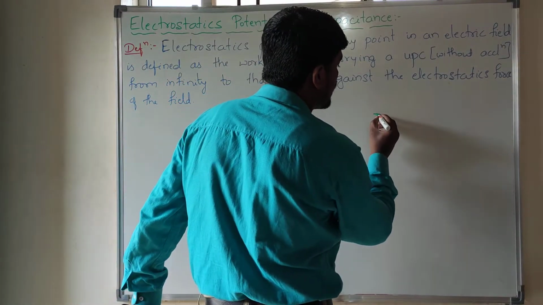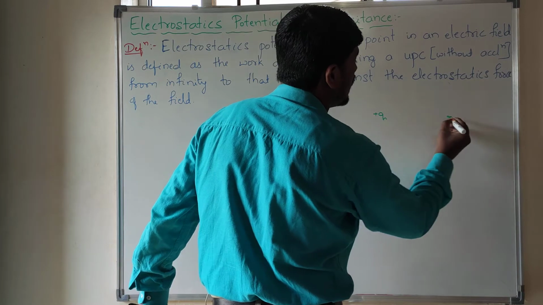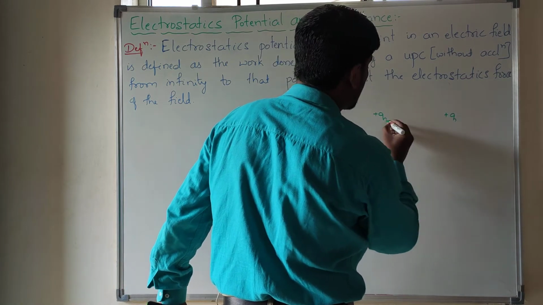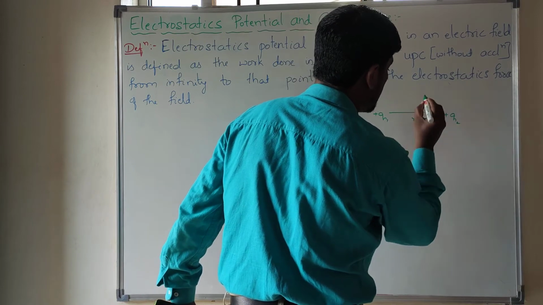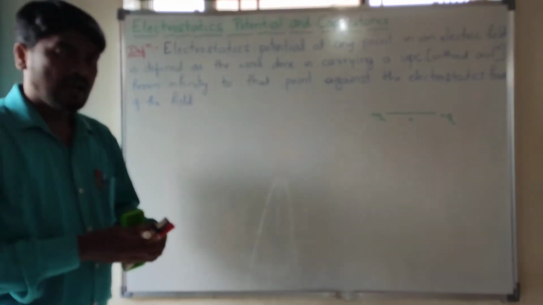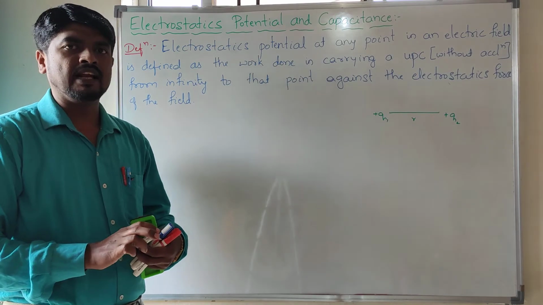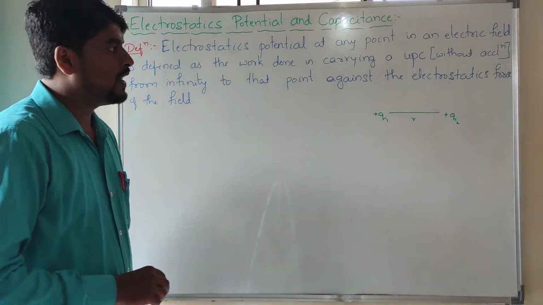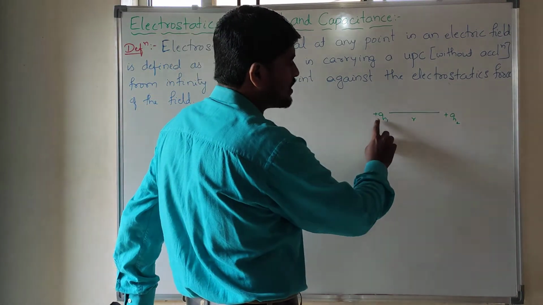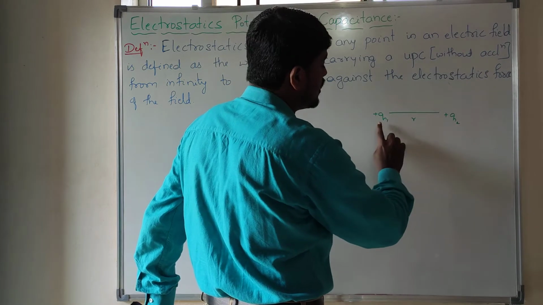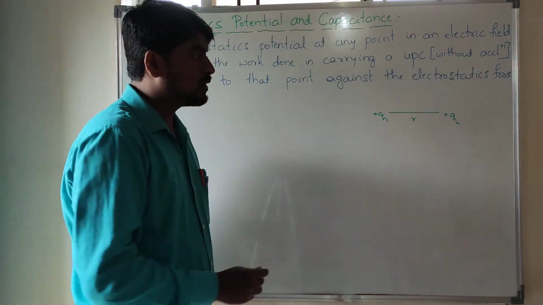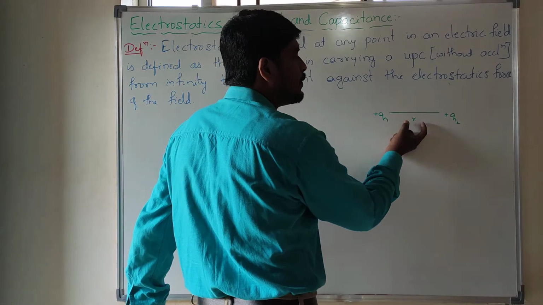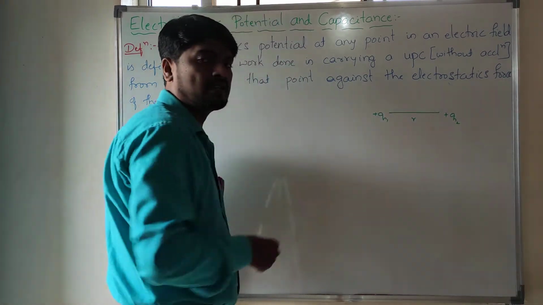Let me consider two point charges, plus Q and plus Q, let me call them Q1 and Q2, separated by a distance R. If we recall the properties of electric charges, positive charges repel each other. So now the electrostatic force between them is what?